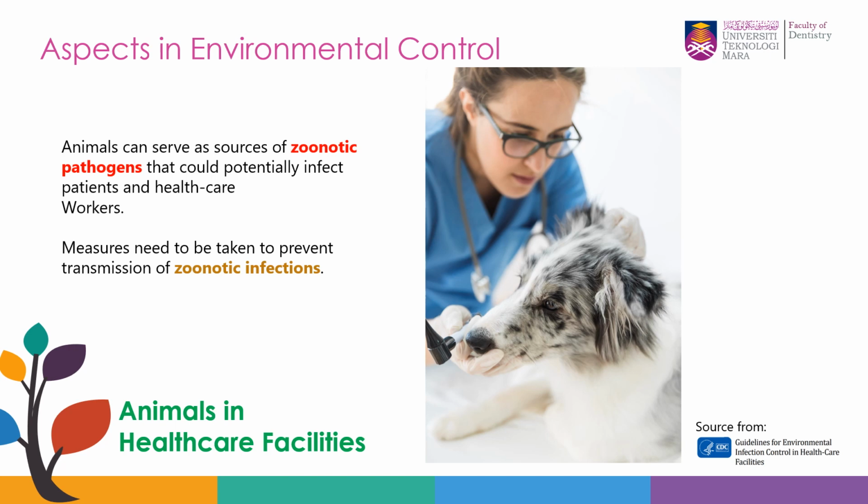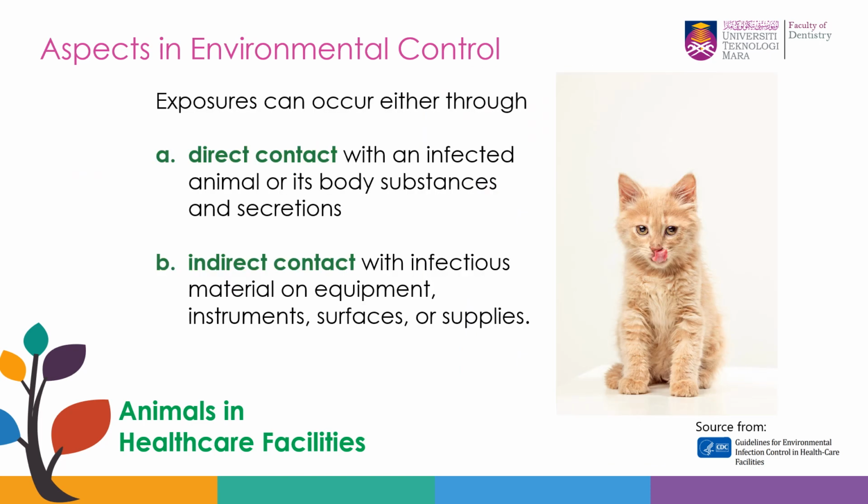Animals can serve as sources of zoonotic pathogens that could potentially infect patients and healthcare workers, and we need measures to prevent the transmission of zoonotic infections. Exposures with these animals can occur either through direct contact with an infected animal or its body substances and secretions, or indirect contact with infectious materials on equipment, instruments, surfaces, or supplies.